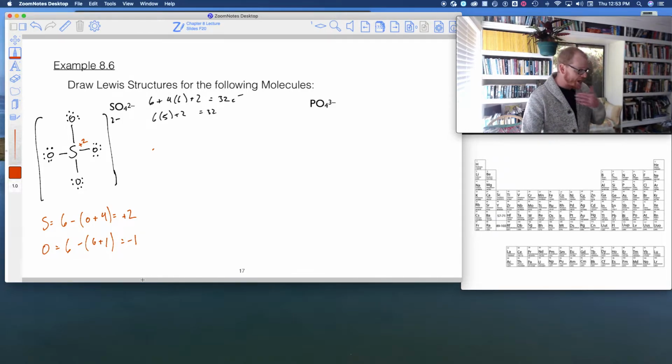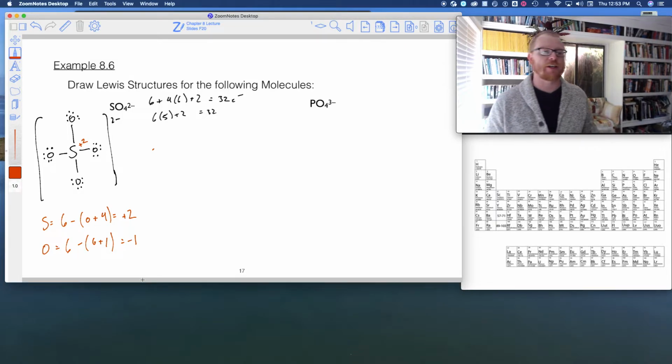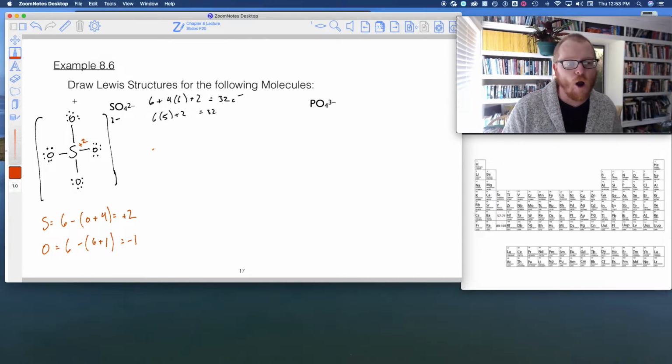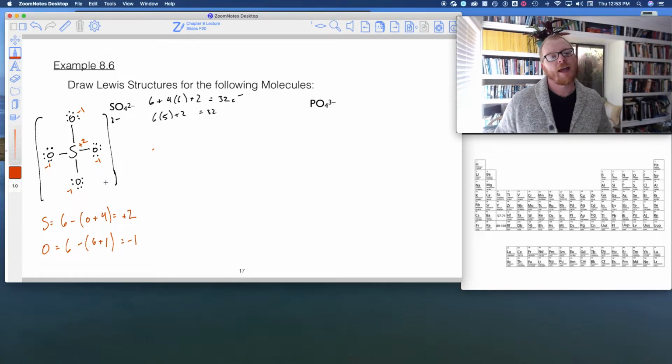That's good that we got a negative for oxygen, because oxygen is electronegative. All of these oxygens are equivalent, so this is -1, this is -1, this is -1, and this is -1. And in fact, all of those add up with the plus 2 on sulfur to give the -2 charge: plus 2, -1, -1, -1, -1 gives me -2.